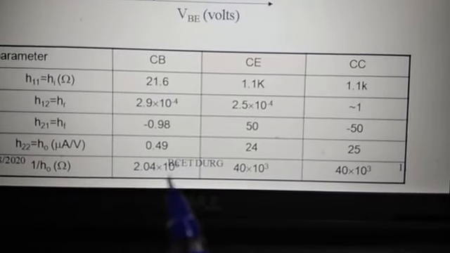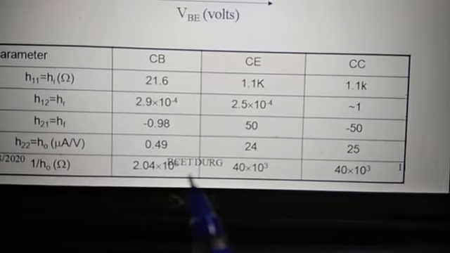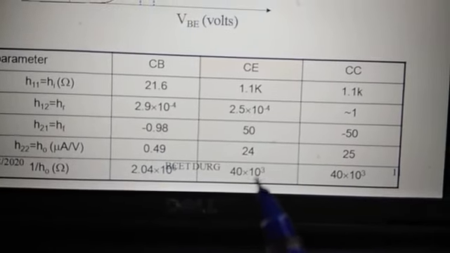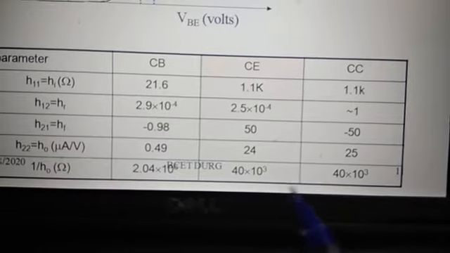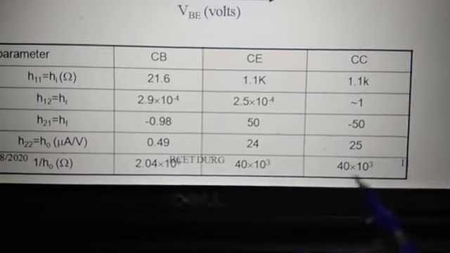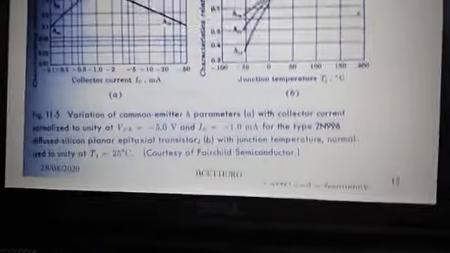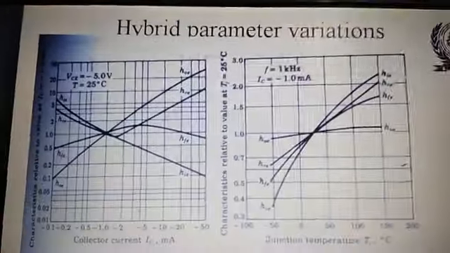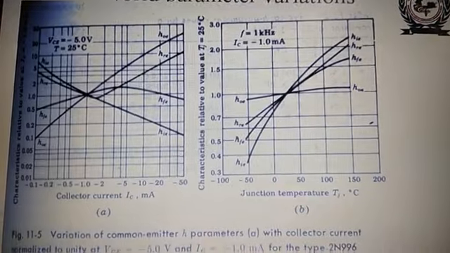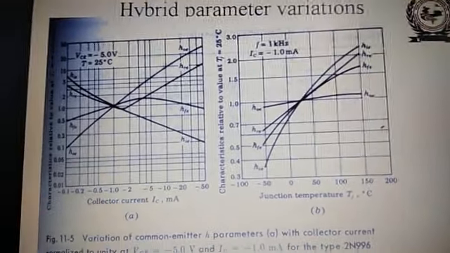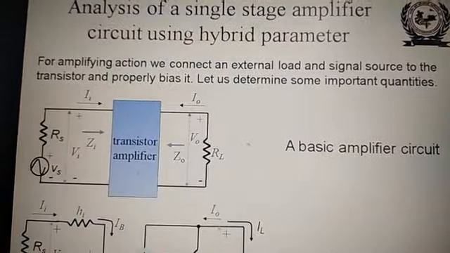This is 2.4 into 10 raised to 3, then 40 into 10 raised to 3, and 40 into 10 raised to 3. These are the resistances, the reciprocals of HO. These are the various hybrid parameter variations. This is not important for you, so I skip this one.